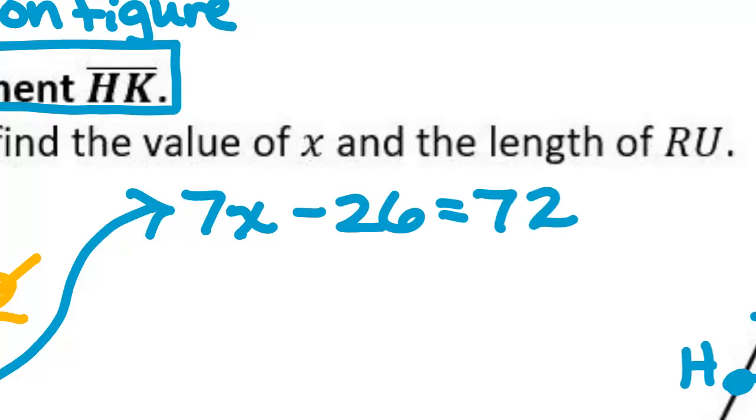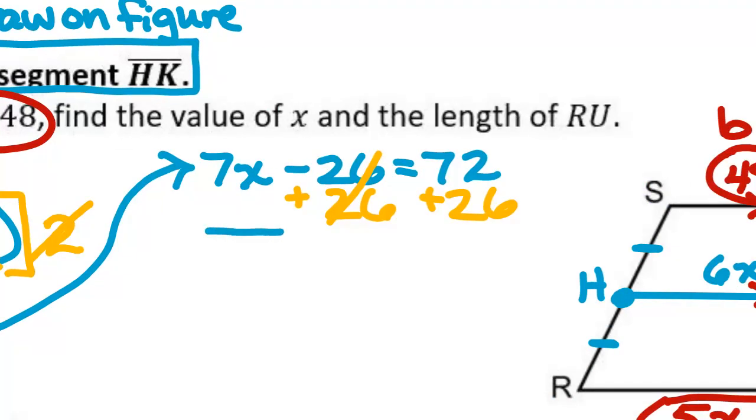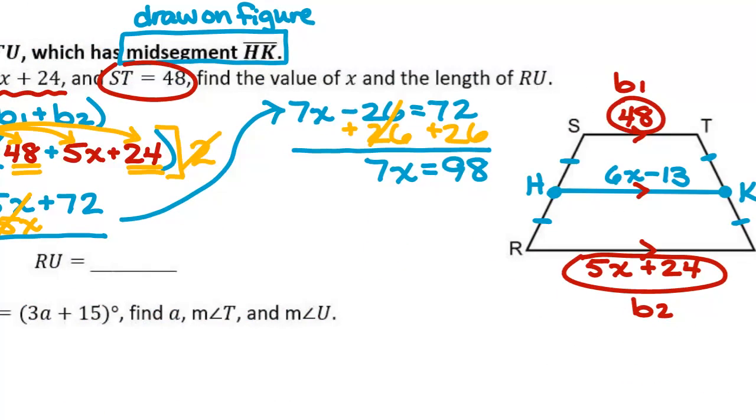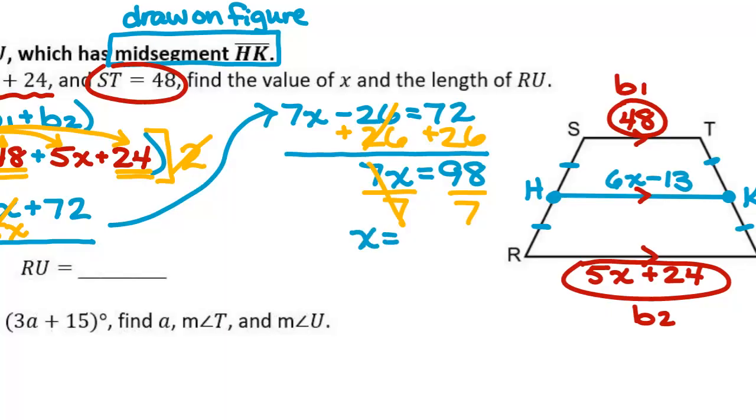What now? Add 26 to both sides. What do you get when you add 72 and 26? 98. So 7x equals 98. Then we're going to divide both sides by 7. And that means x is what? x is 14.